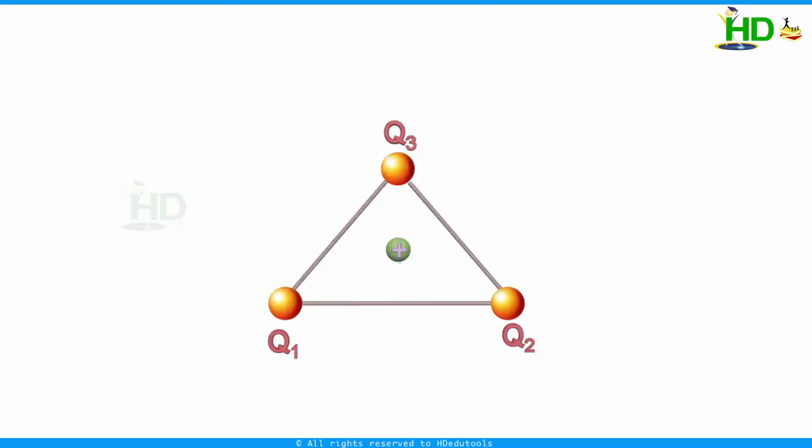Similarly, if three positive charges are taken at the corners of an equilateral triangle, and a positive charge is placed at the center of this triangle, the forces acting on the charge: due to Q1 it is along this direction, due to Q2 this is along this direction, and due to Q3 this is along this direction.